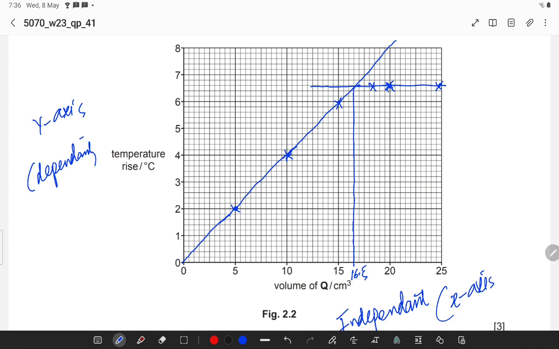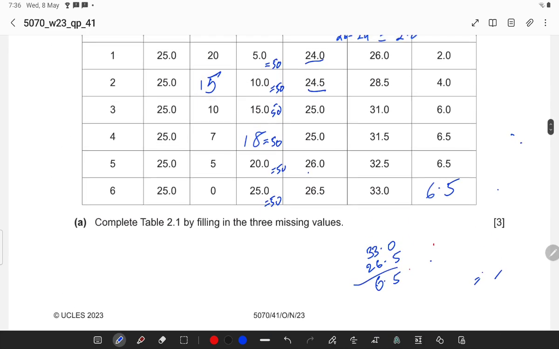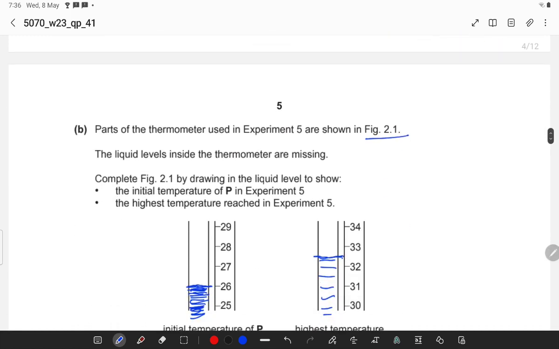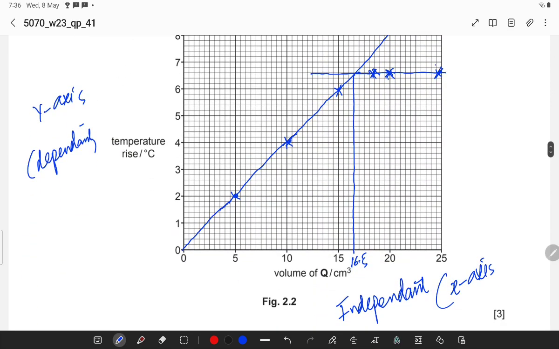This is approximately 6.5, over here, and at 25 degrees centigrade is again 6.5. So this is the line of best fit.